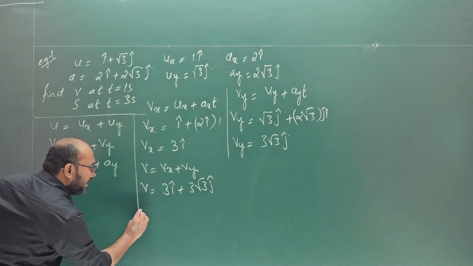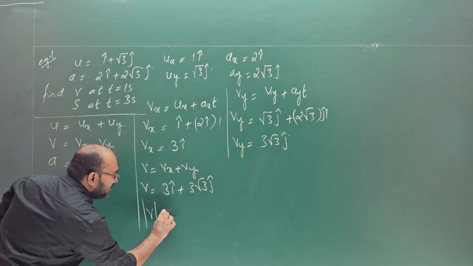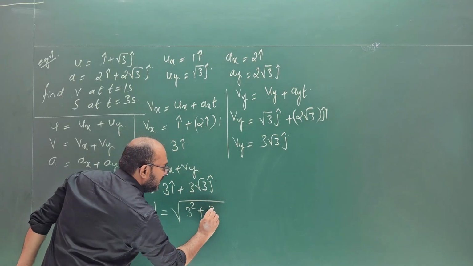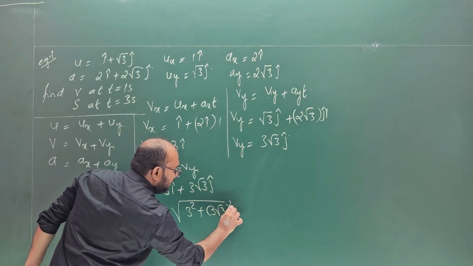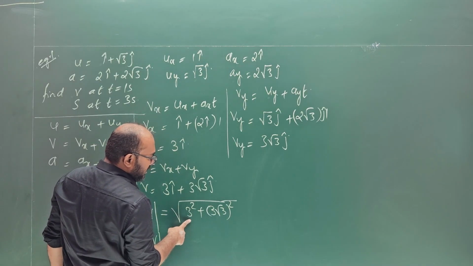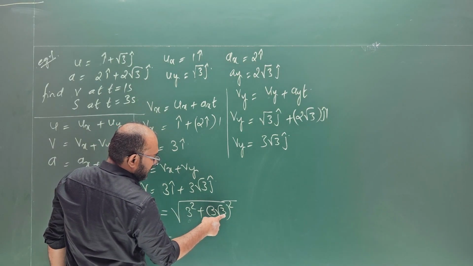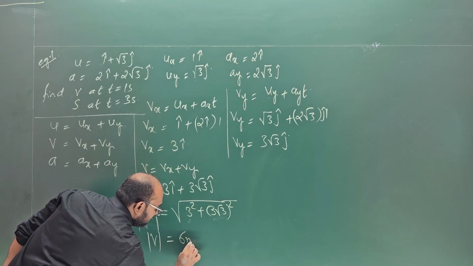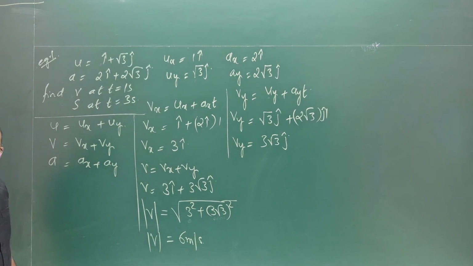Or if they ask you the magnitude, then the magnitude of this becomes what? Under the root of 3 squared plus 3 root 3 squared, or V magnitude is equal to 3 squared 9, 9 into 3 27, 27 plus this 9 36, that means 6 meter per second.